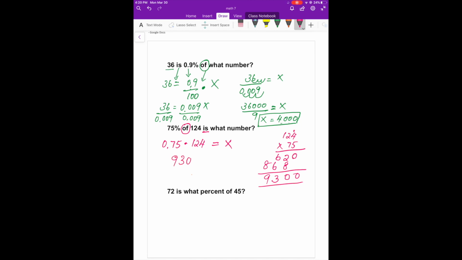So that will be 9300, and you need to move two decimals. So that's x. So x is equal to 93. That's equation. And you can do the proportion also. You want me to do that?